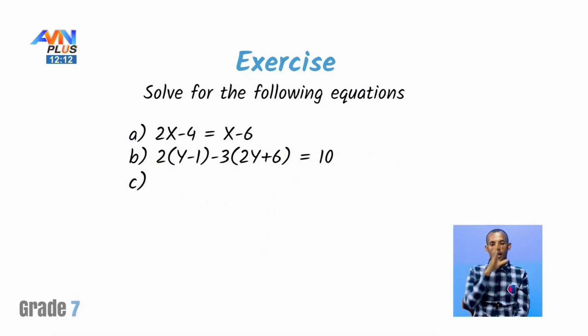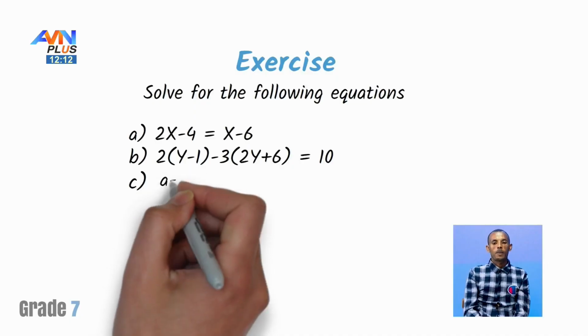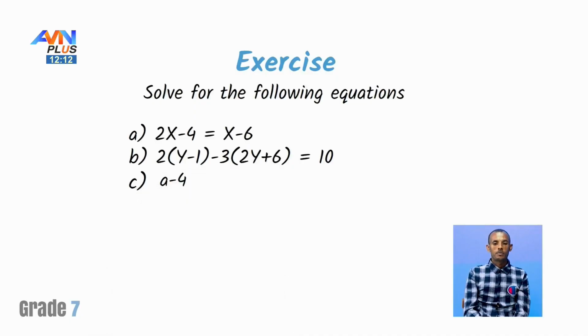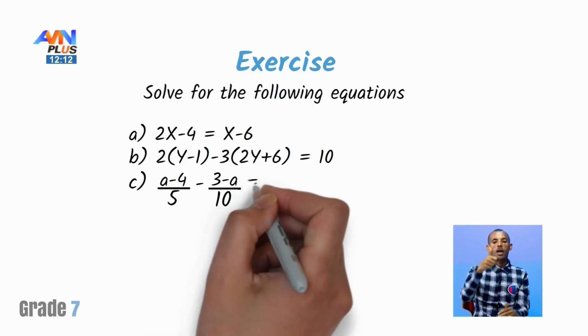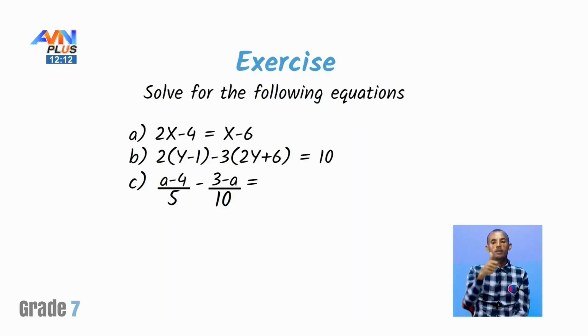And C, a minus 4 over 5 minus 3 minus a over 10 is equal to 2.